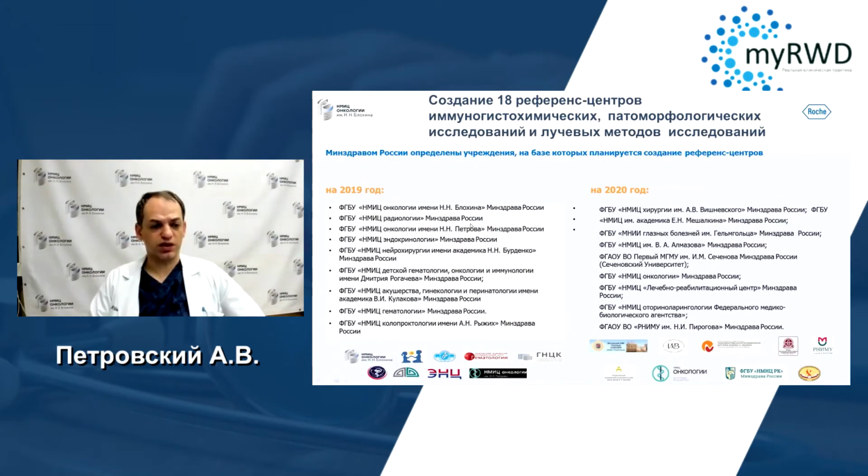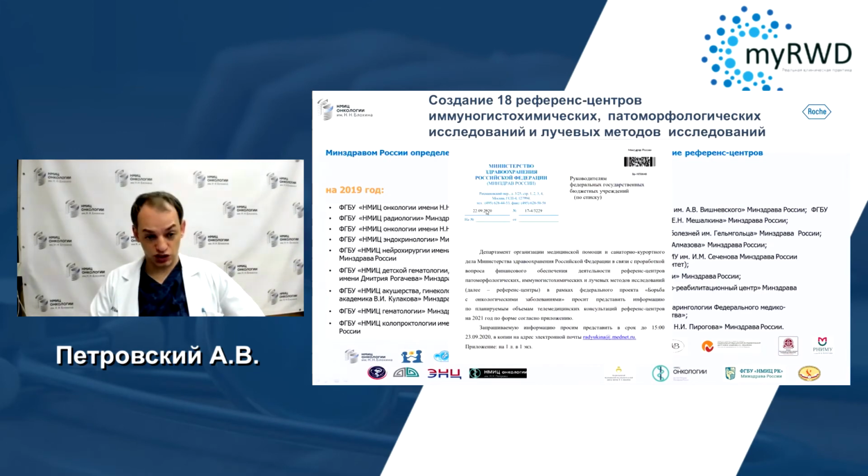So there are about 9 of them functioning now, and 9 more will be functioning next year. From 2019, we have reference centers, but actually the day before yesterday, September 22, we received a letter from the Ministry of Health to provide information on the planned volumes.